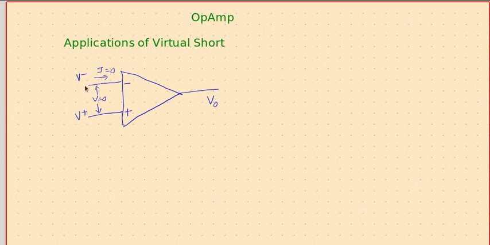So if one input is connected to a voltage source, and the other is instead connected to some passive network, then the input connected to the passive network will follow the other input, which is directly connected to a source. This means that the voltage between the two inputs is always equal to zero.